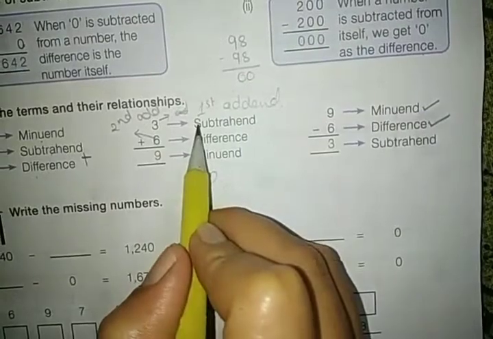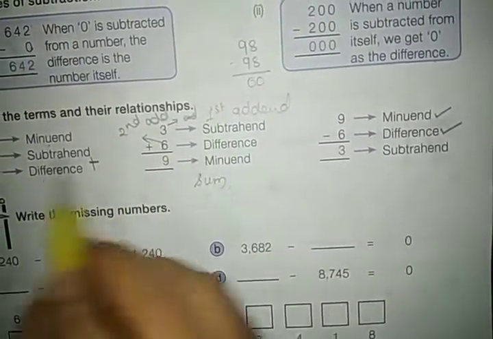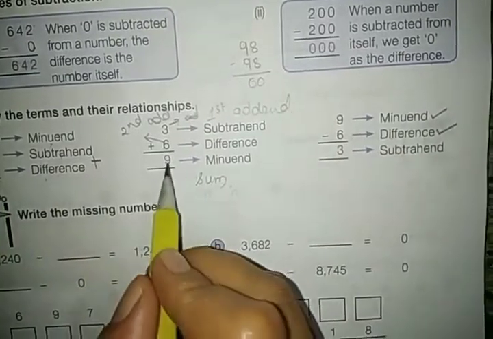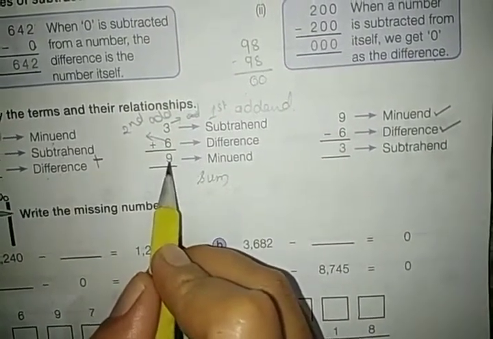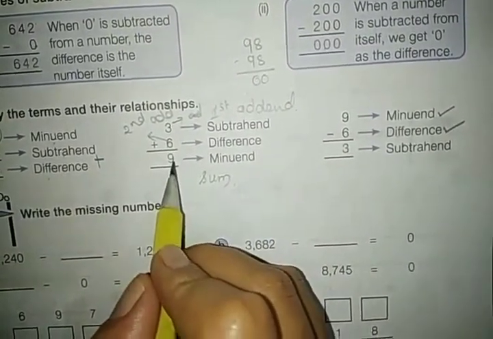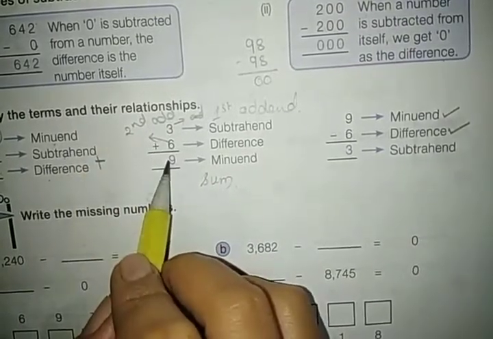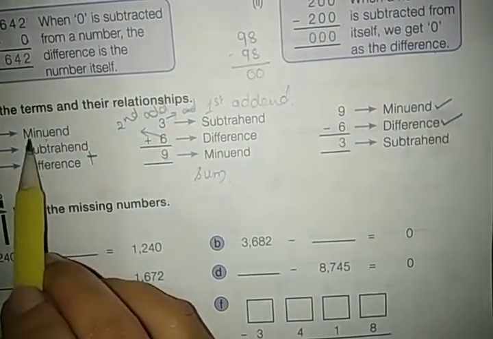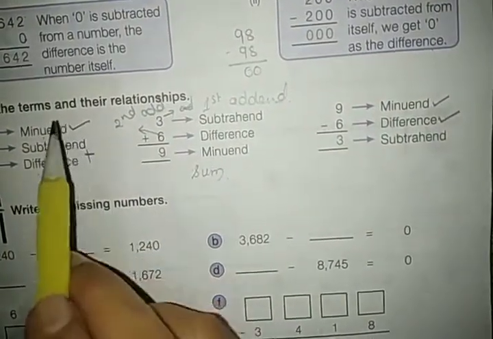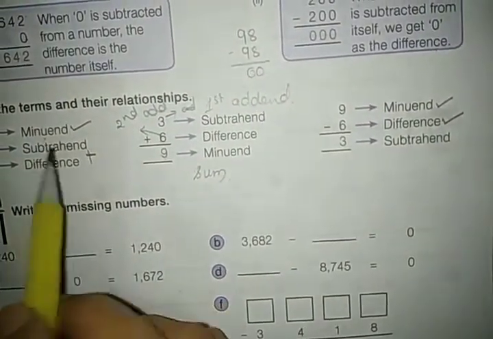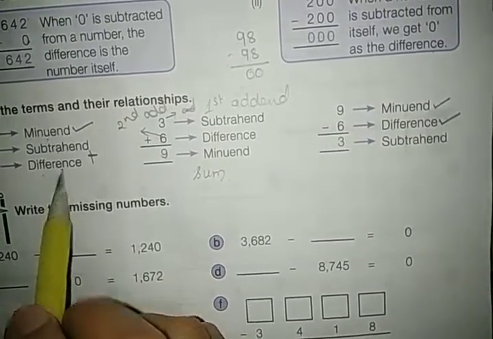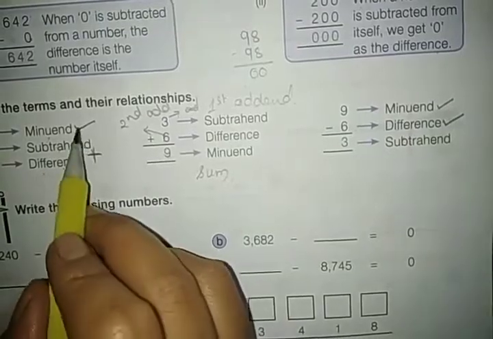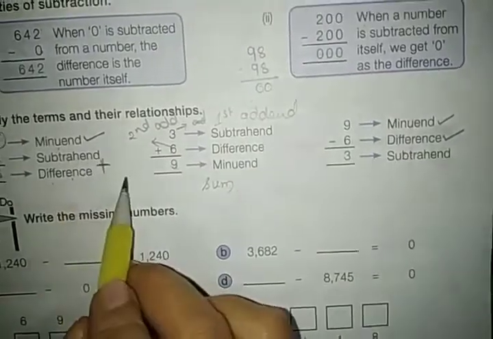This 3 is our subtrahend, the difference is 6, and our minuend we got as the sum in addition. This is the relation between addition and subtraction. When you add the subtrahend and the difference, you will get the minuend as the answer.